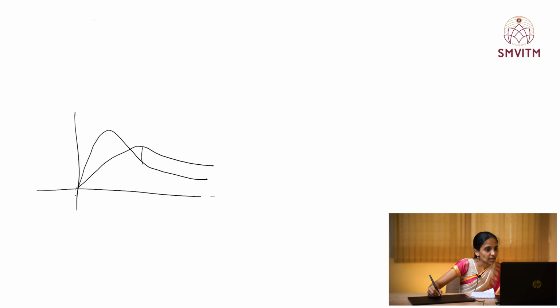So, if this happens to be the energy of activation, then this particular area under the graph gives you the fraction of molecules reacting at T Kelvin, and this particular area gives you the fraction of additional molecules, is it not?